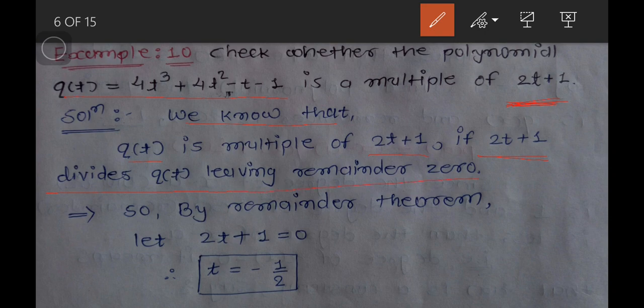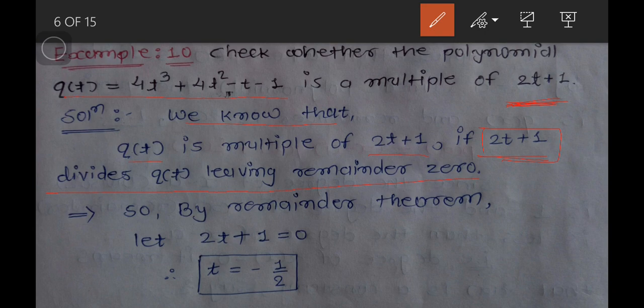When q of t is divided by 2t plus 1, then we get remainder 0, then we can say that q of t is a multiple of 2t plus 1. So now what we do, we get the value of t from the linear polynomial, and we put it in q of t, and when it makes it 0, then we can say that the given result is proved.